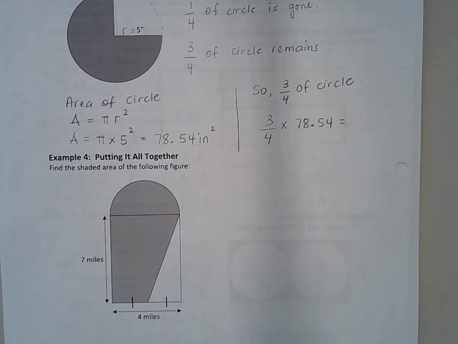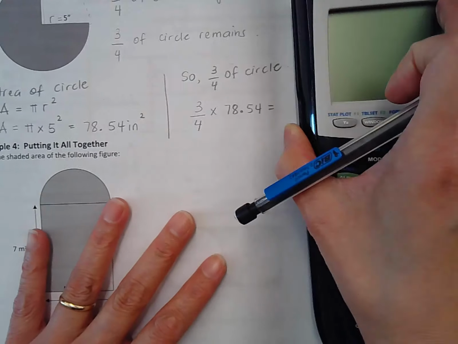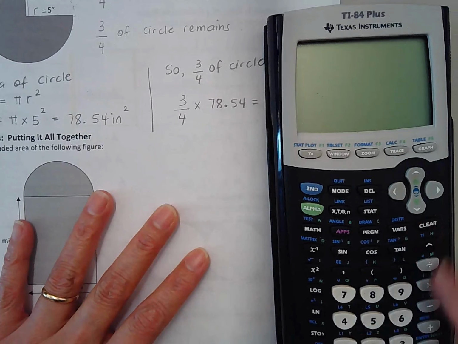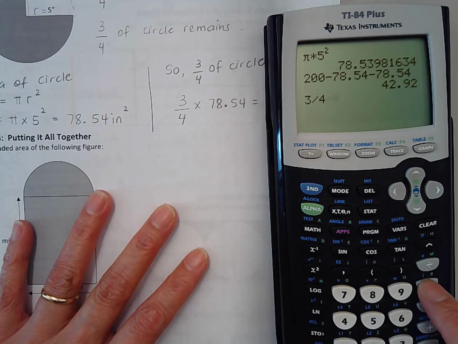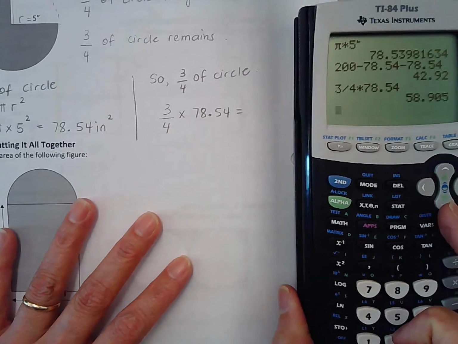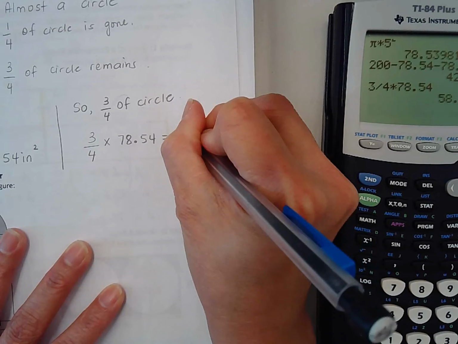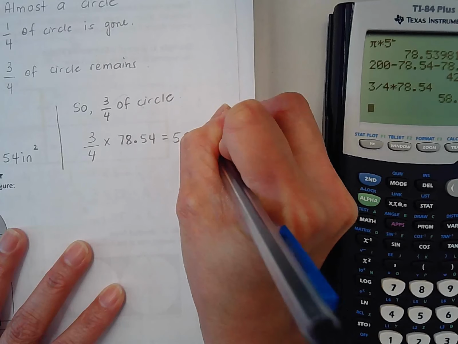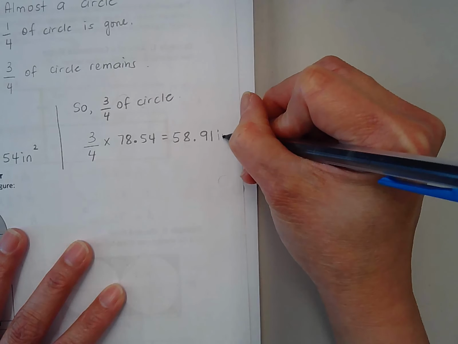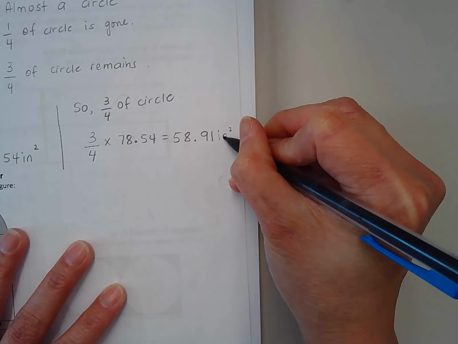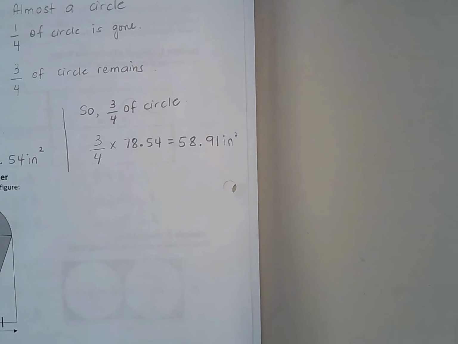We're only taking that portion of a circle, not the whole thing, but just 3 out of the 4. So try that out. 3/4 times 78.54 is 58.91. We're still talking about area, so square inches.